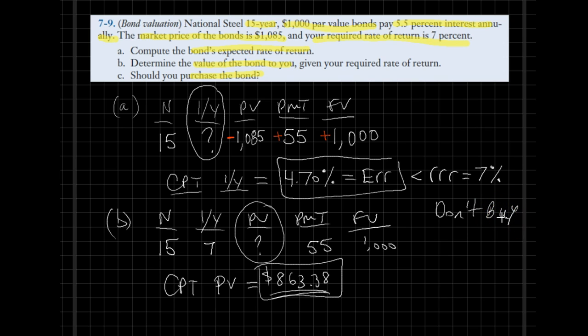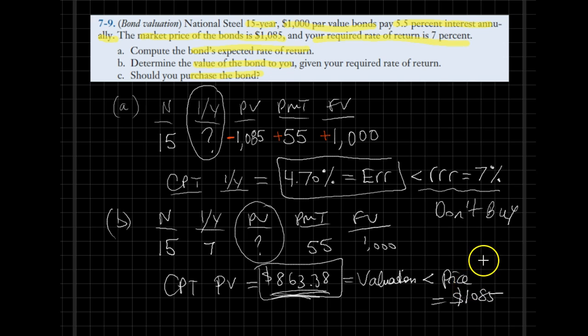Let's see if our intuition also works by just comparing the valuation of the bond, so that's the investor's valuation, with the market price. In our case, the market price is $1,085, so our valuation is definitely less than the market price.